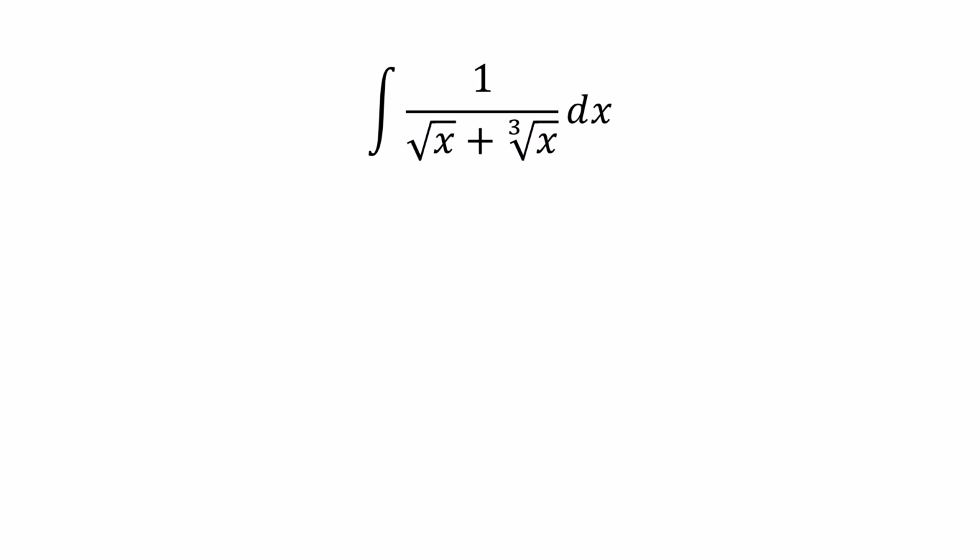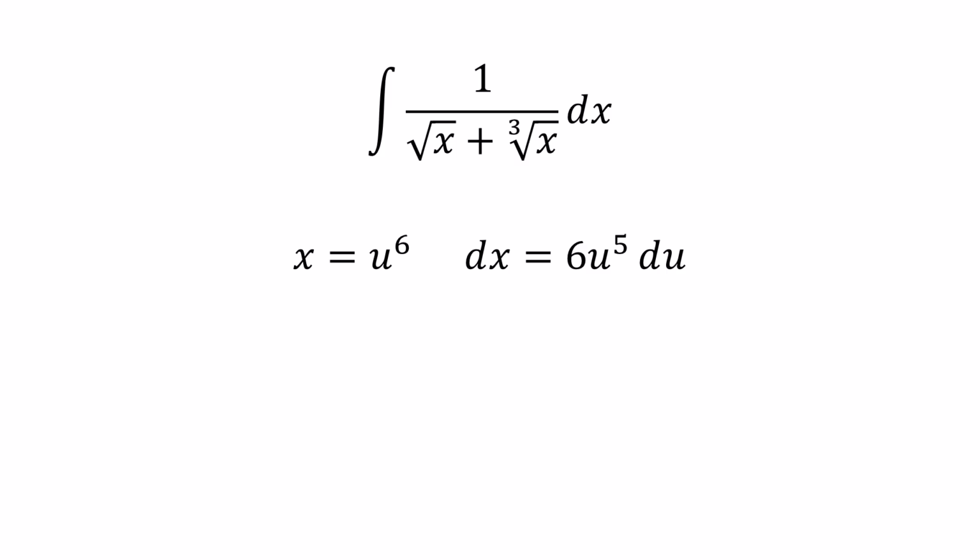Next, we evaluate the integral of 1 over root x plus the cube root of x dx. First, we let x equals u to the 6th. The differential is then dx equals 6u to the 5th du.